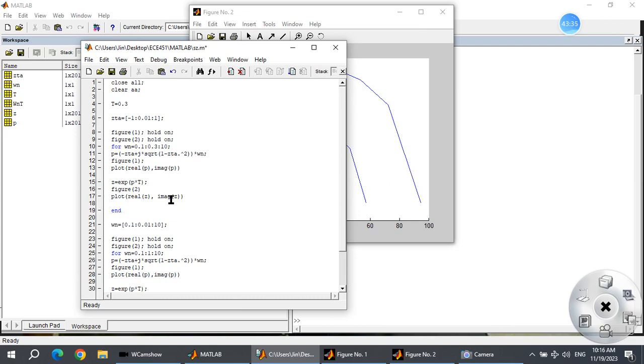So this gives us a continuous curve for fixed zeta, but omega n is changing. And hold on. I still hold on these two. I don't need them anymore because I already have it. Now this is zeta, from -1 to +1 with 0.1 as step.